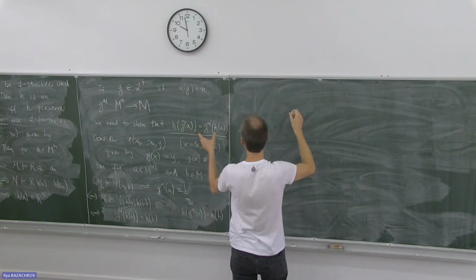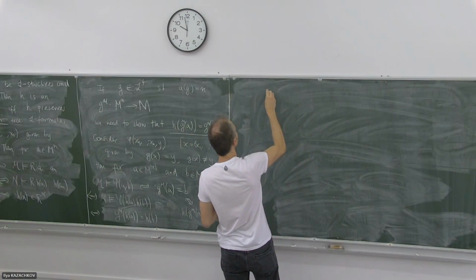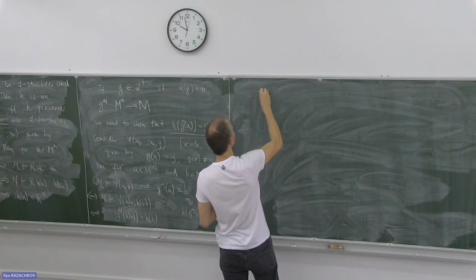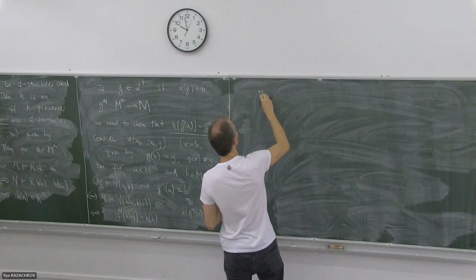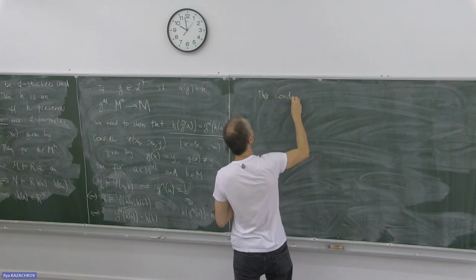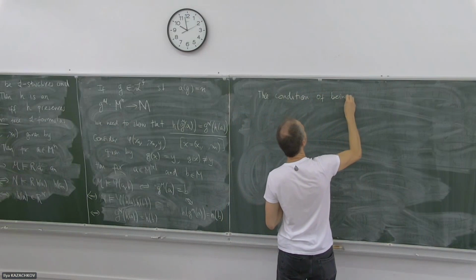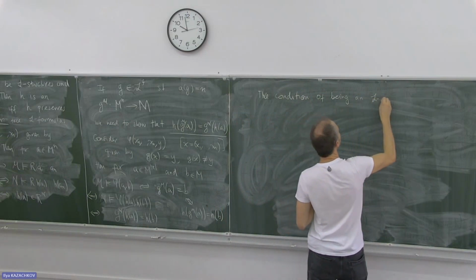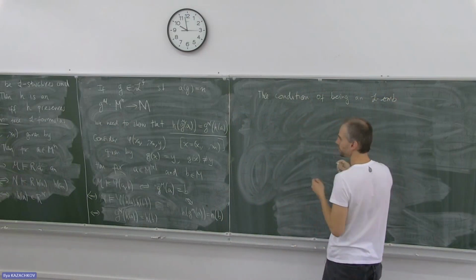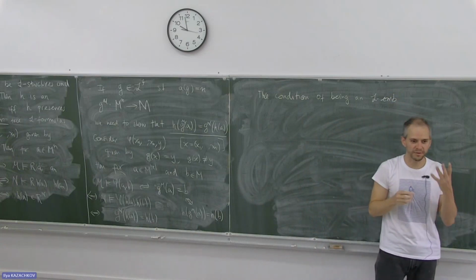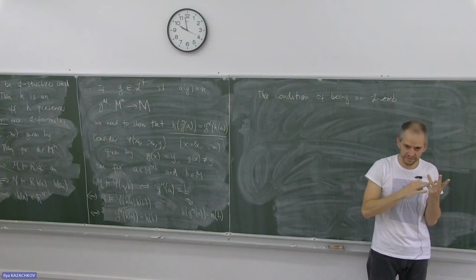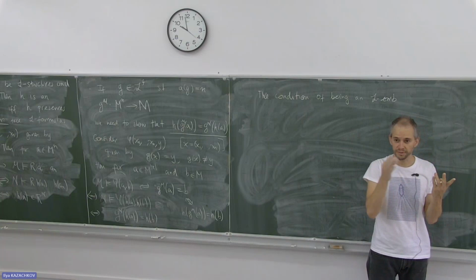Right. This is the definition of the embedding. So for functions, the condition of being an L-embedding had four conditions: to be injective, to preserve relations.